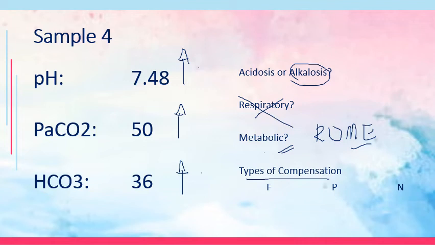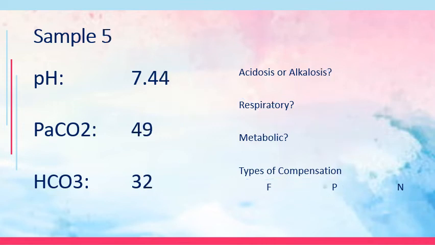Should be carbon dioxide. And for carbon dioxide to compensate, its arrow should be in the same direction as bicarbonate. Is it in the same direction? Yes, it is. So this is a partial compensation. Metabolic alkalosis, partially compensated. By this time, you should be able to determine the ABG interpretation already.